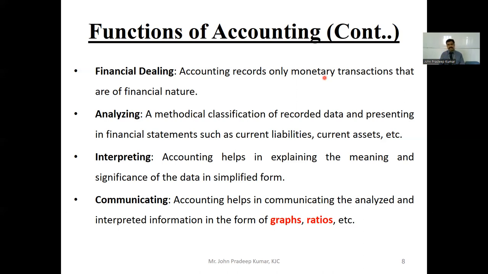And then interpretation. Once you have done the analysis, you interpret the data in very simple terms so that a common man can understand. And the last one is communication. You communicate what you analyzed and interpreted in simple forms such as graphs or ratios, etc.